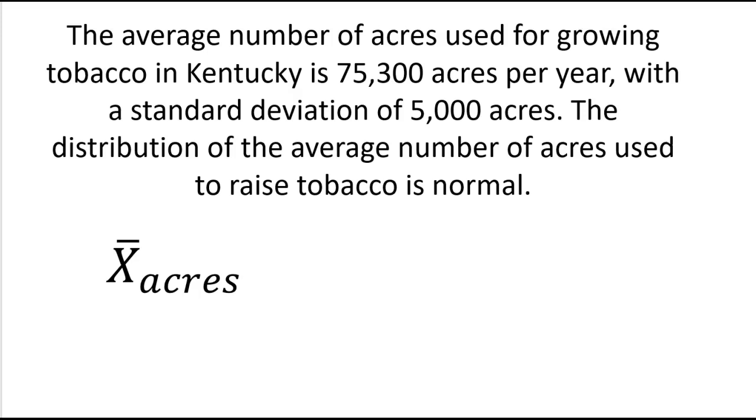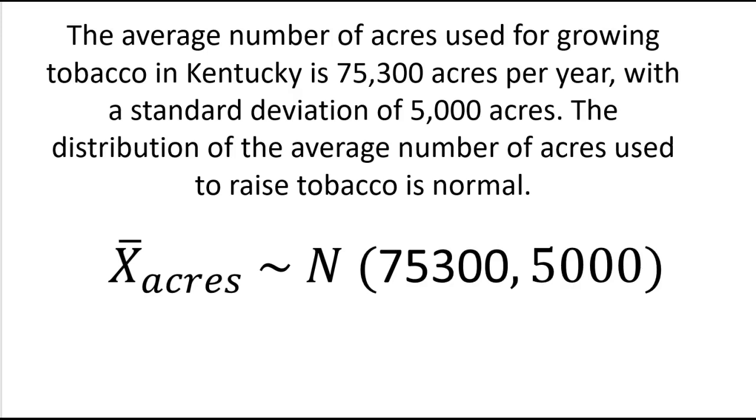So the thing we're describing is the average number of acres. So I don't just want to write acres here, I actually want to use my notation for the mean. Next, we're told that the distribution of the average number of acres used is normal, so we fill in our normal notation, and then we fill in our mean and our standard deviation.